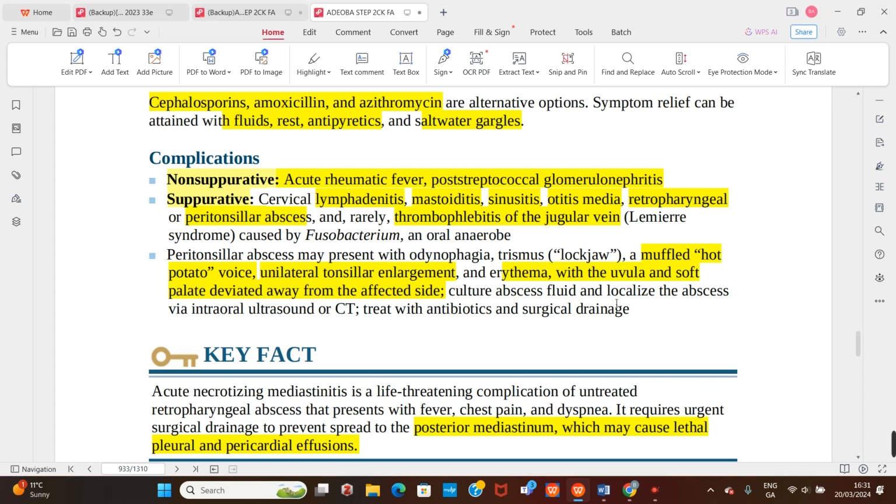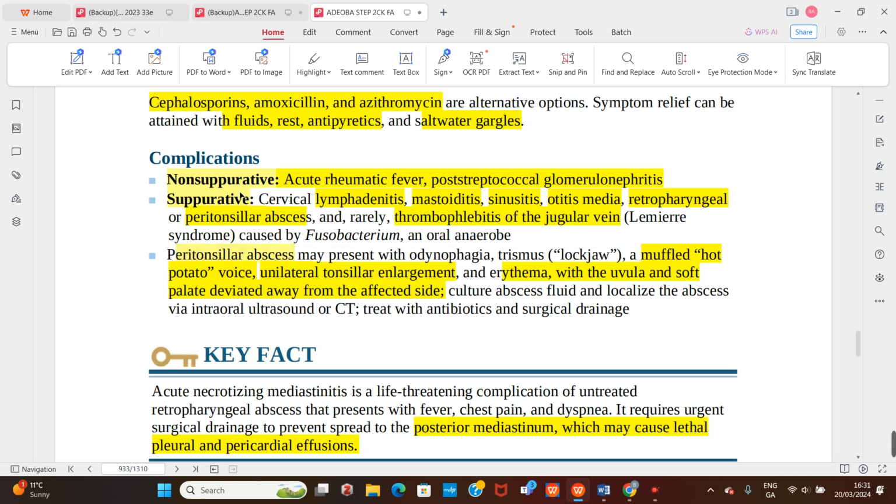So once you see uvular deviation, unilateral tonsillar enlargement, with all those other things that we have talked about, difficulty swallowing, painful swallowing, difficulty opening the mouth, neck pain, fever, drooling, muffled hot potato voice, they are finding it very difficult to pronounce the vowels. But most importantly, unilateral tonsillar enlargement and uvular deviation. You know that is peritonsillar abscess. Straight up, that's peritonsillar abscess.